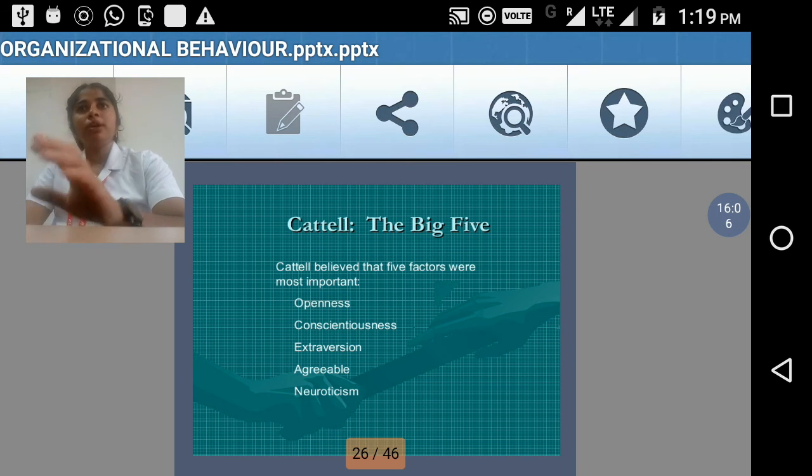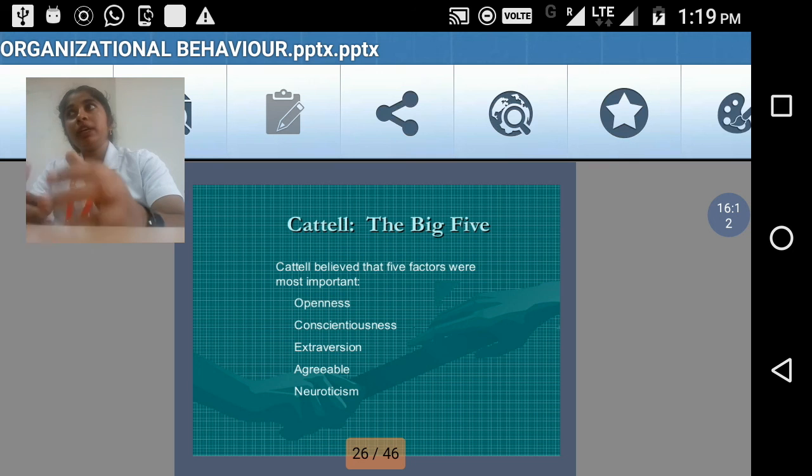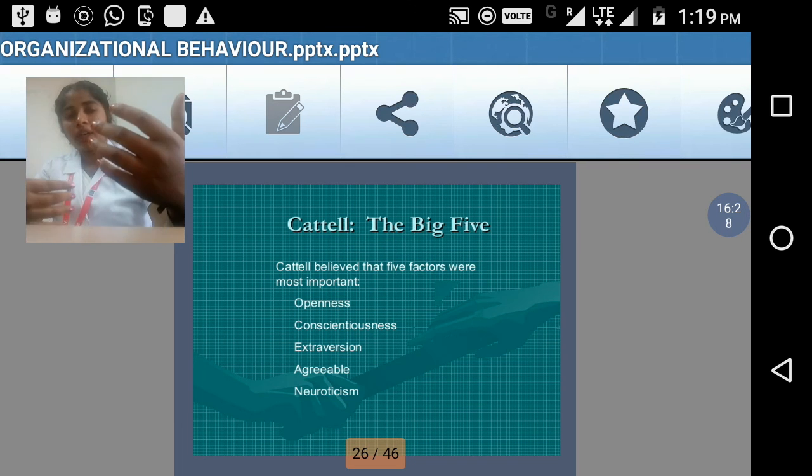The next one is openness to experience. It indicates being imaginative, curious, and open, always thinking in creative, innovative ways and new ideas. At the other end is a narrow field of interest, sticking to the tried and true.